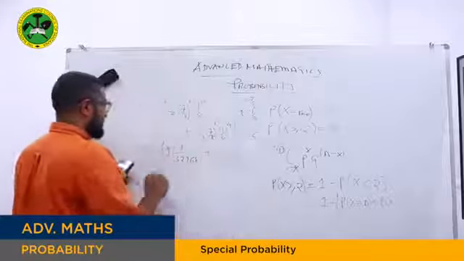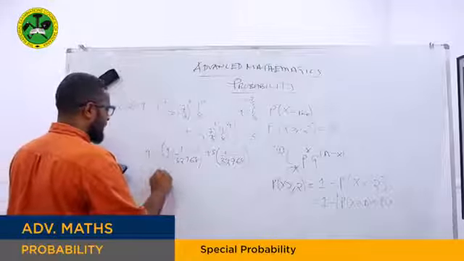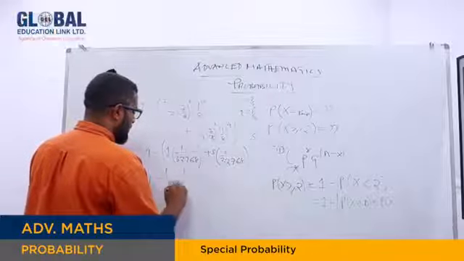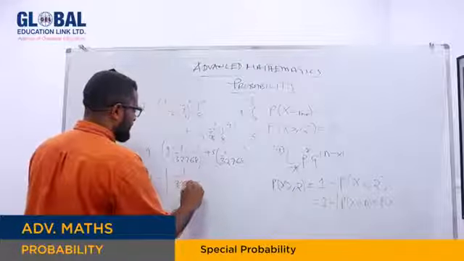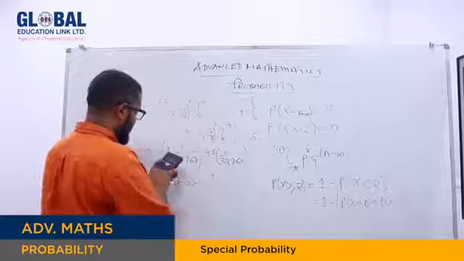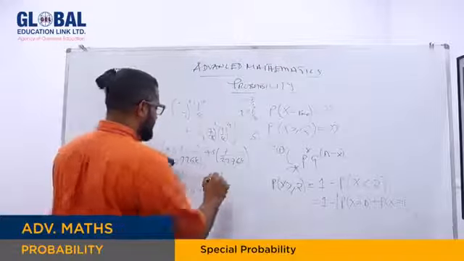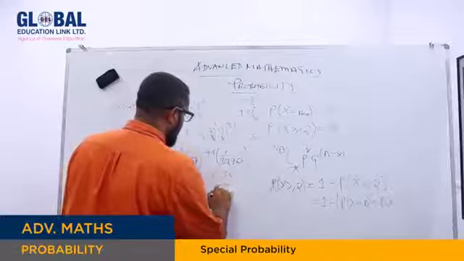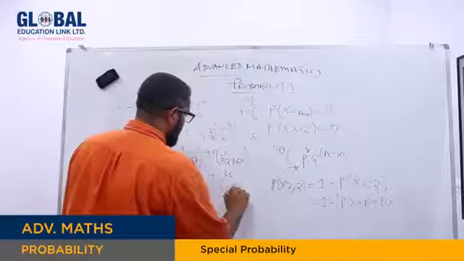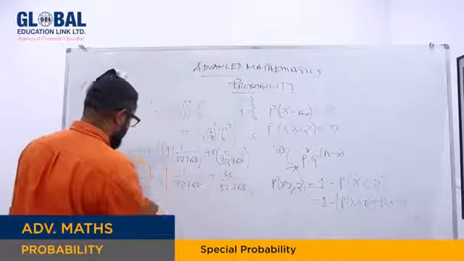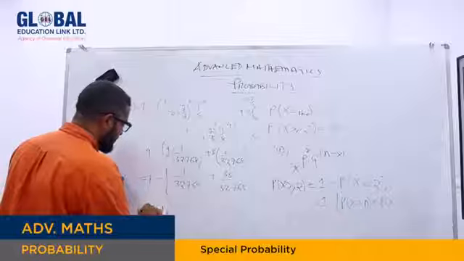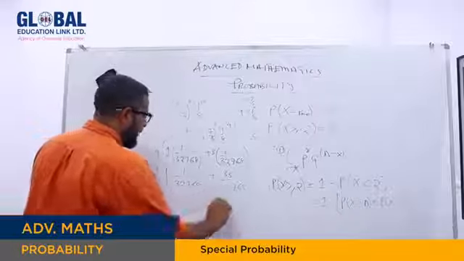But here we have 5 times 7. So it is 1 minus 1 over 32,768 plus 5 times 7, which is 35, divided by 32,768. So if you simplify to the last point, it is 1 minus.